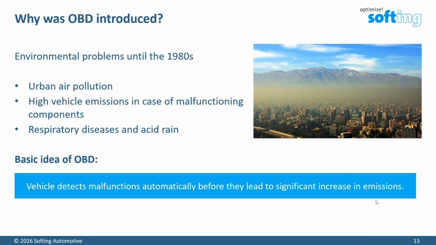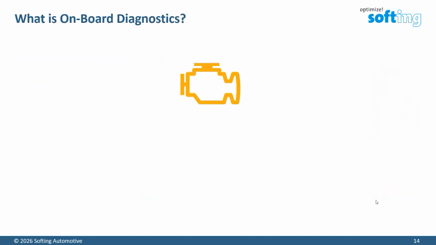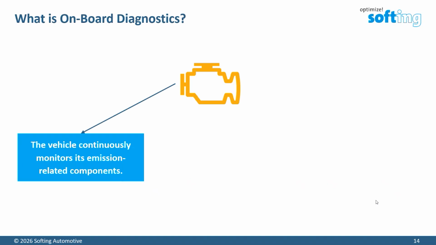The basic idea behind OBD was that the vehicle automatically detects malfunctions before they lead to a significant increase in emission. For this, the vehicle continuously monitors its emission-related components.